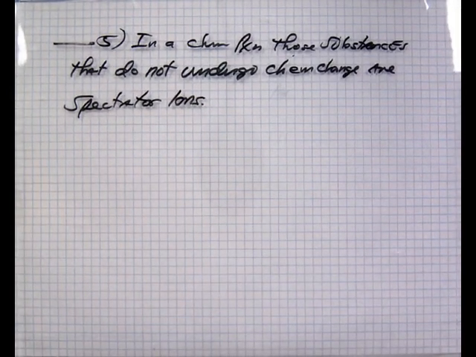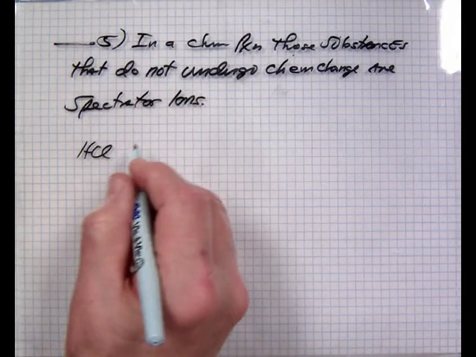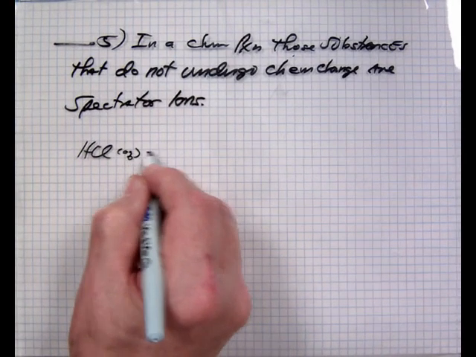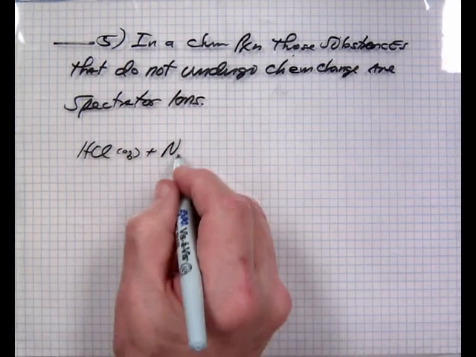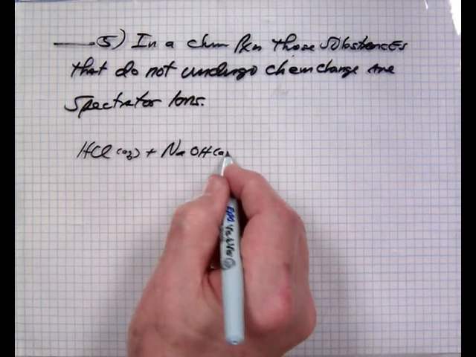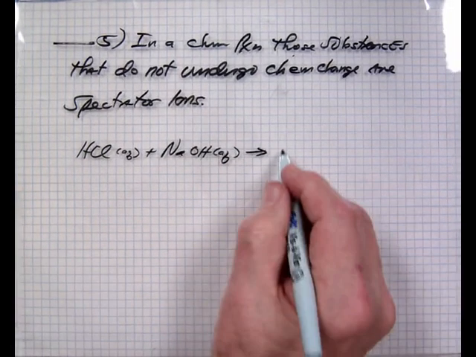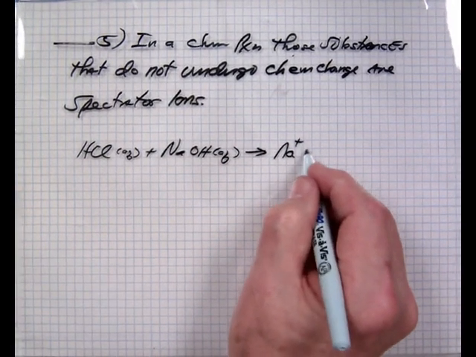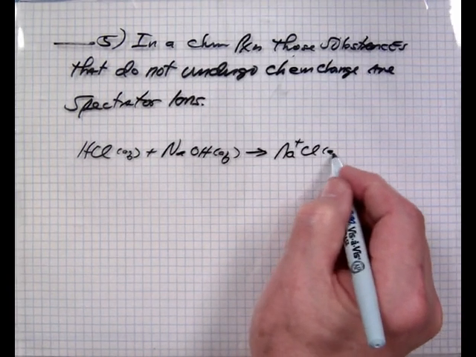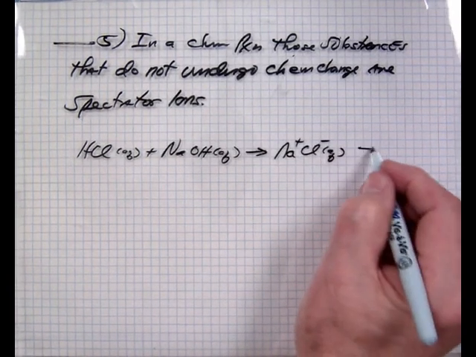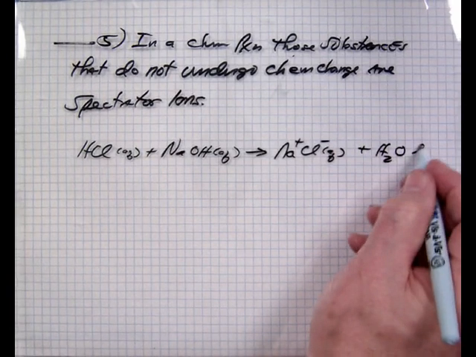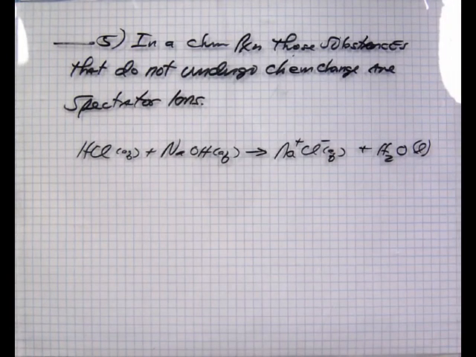In an acid-base reaction between hydrochloric acid and sodium hydroxide, the products will be sodium chloride, aqueous, and water in the liquid form. This is a molecular equation, and you write all of the components of the reaction in basic standard format.